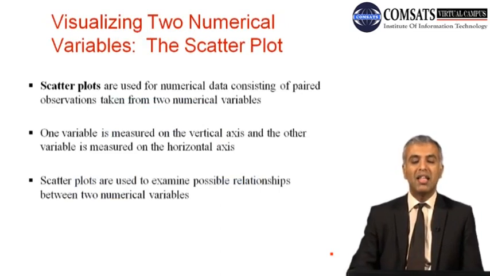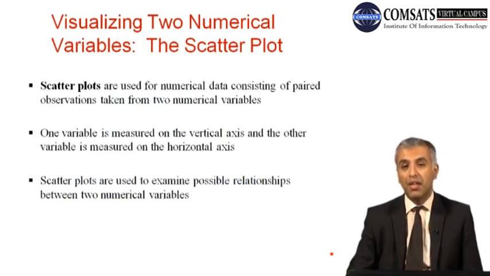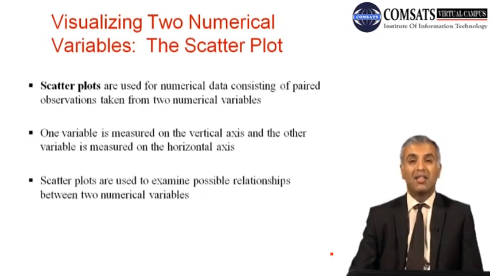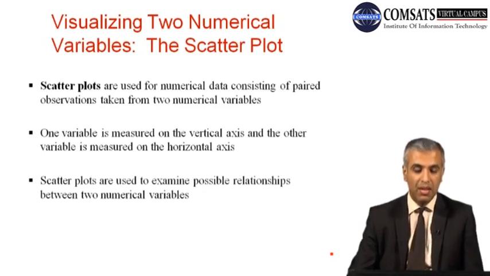Scatter plots are basically paired observations taken from two variables. Again, one variable is plotted on the x-axis and the other on the y-axis, and then these values are examined for any possible relationship.